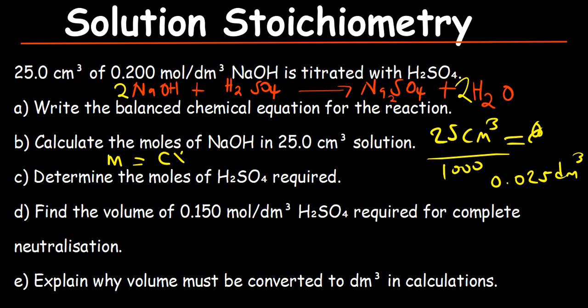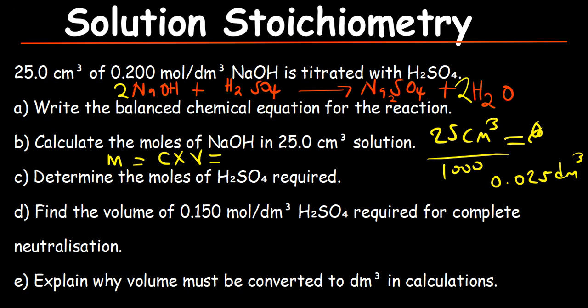Okay, so in this case, the concentration we've been given in the question that it is 0.2 moles per decimeter cubed. That's why we're giving our answer in decimeter cubed, because they've also given us decimeter cubed there.